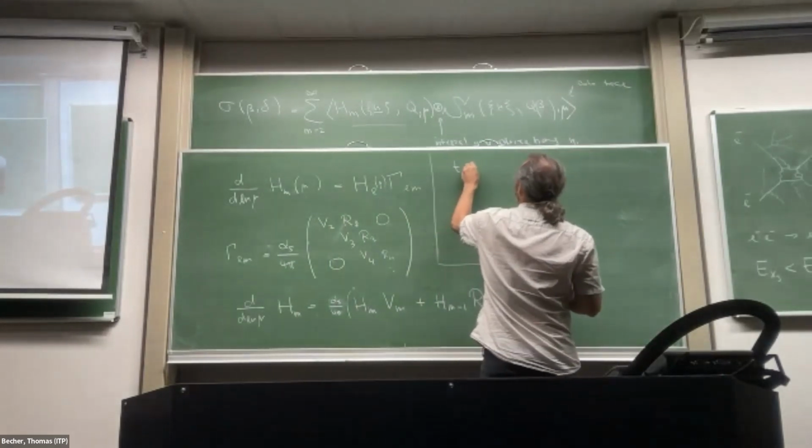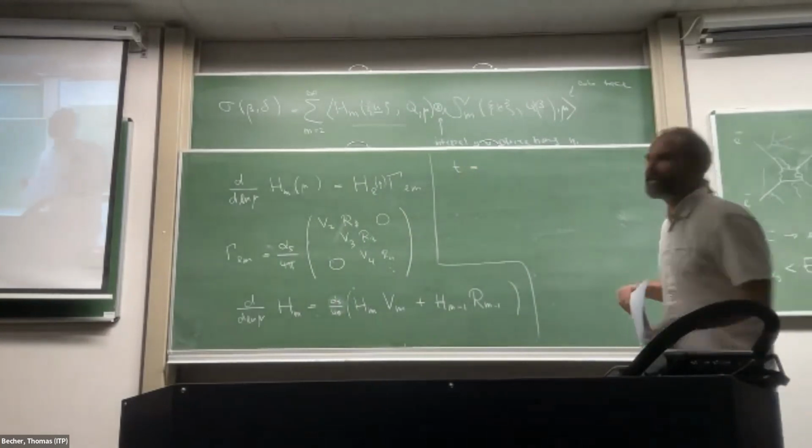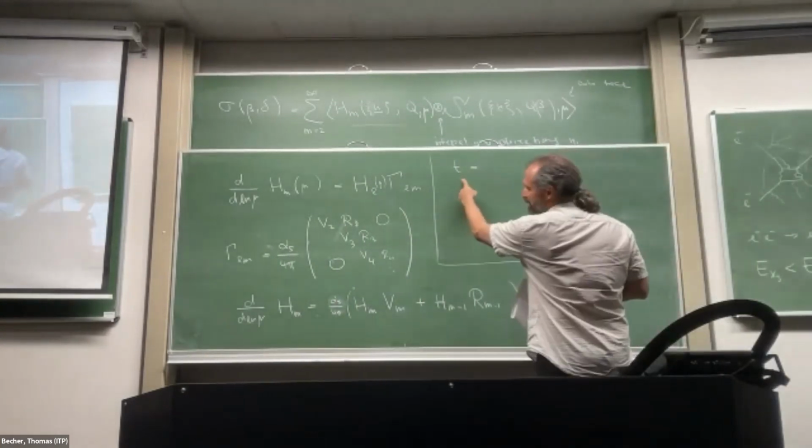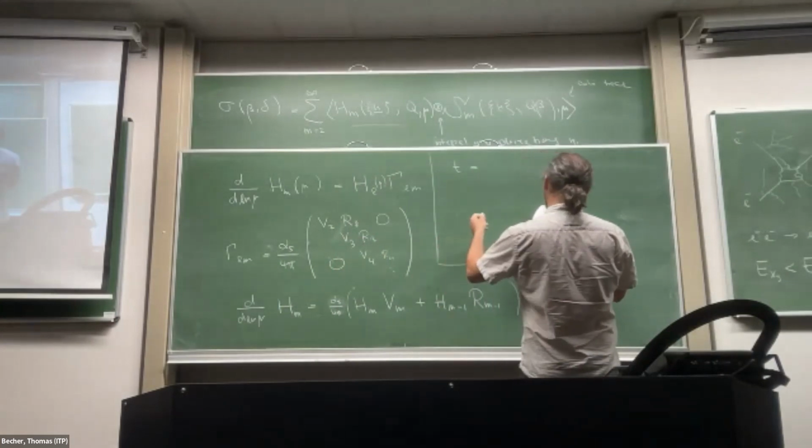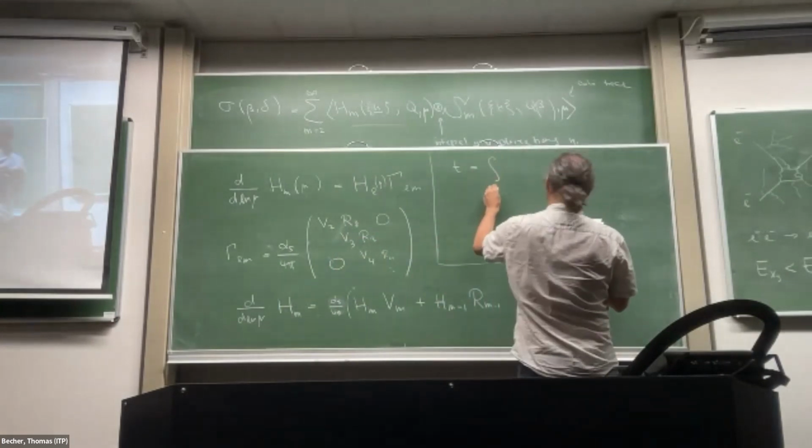So I can introduce something called shower time, and it's just a variable transformation from mu to something else. Last time I went from mu to alpha.